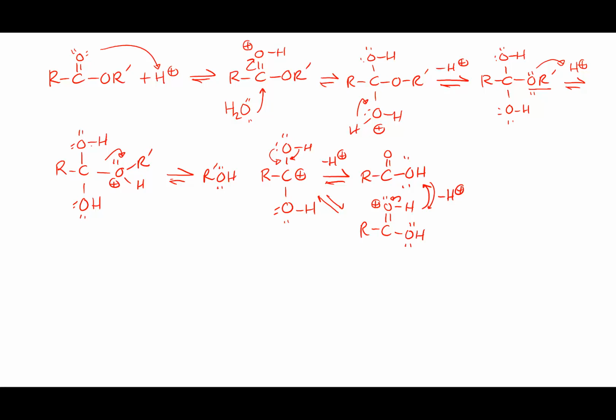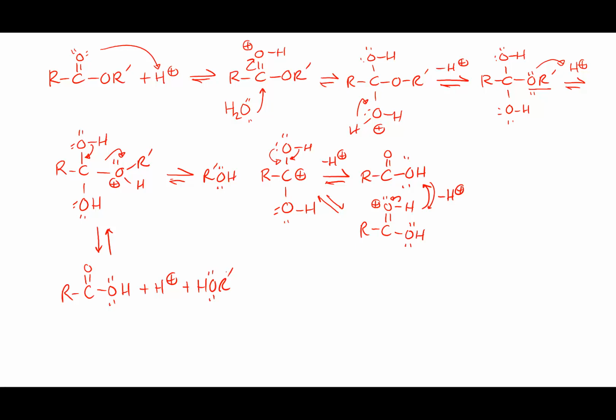in textbooks, you'll see this pair of electrons move down here, and just go ahead and do this in one step, lose the H plus and the alcohol so that you form the carboxylic acid, the acid catalyst, and the alcohol.